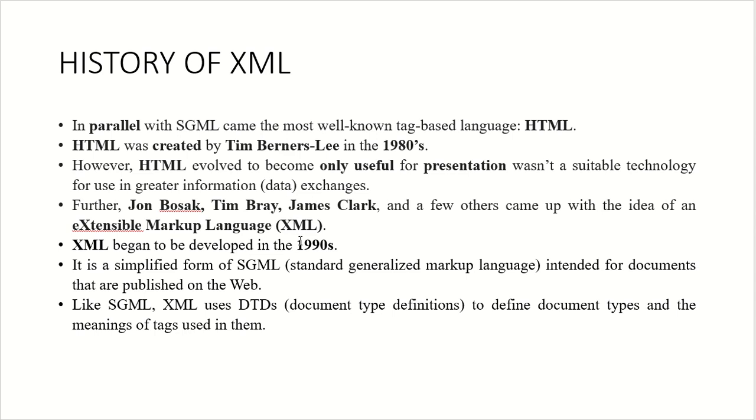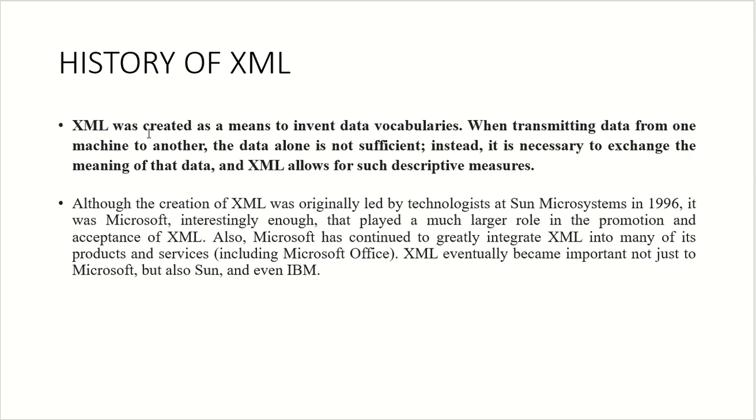So after that, in 1990s, John Bosak, Tim Bray, James Clark and few others came with an idea of XML. XML is a simplified form of SGML and is using DTDs to define document types and meanings of tags used in them. XML was created as a means to invent data vocabularies, as when transmitting data from one machine to another, the data alone is not sufficient.